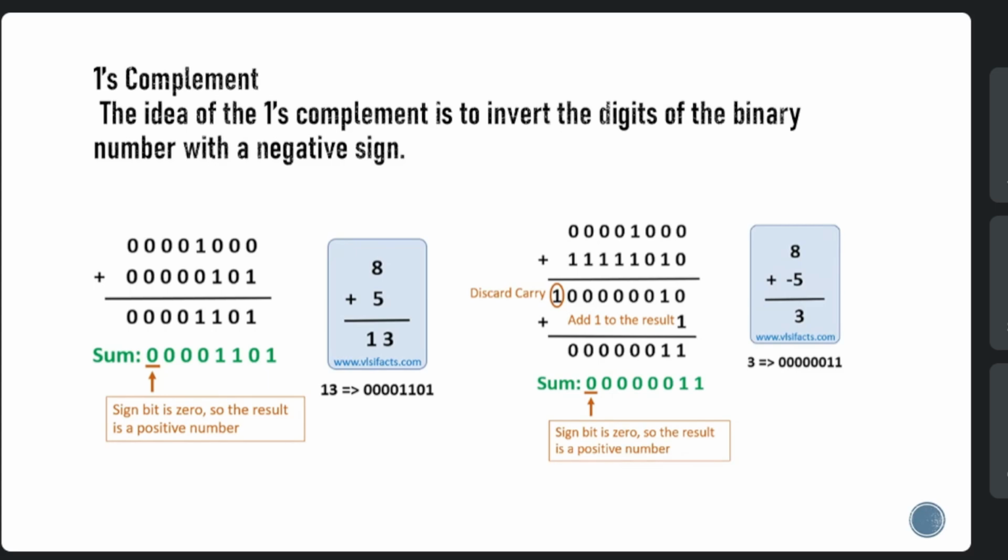So the first number needs to be 0 so that it becomes a positive number. So the answer is 0, 0, 0, 0, 0, 0, 1, 1. So the answer is 3.